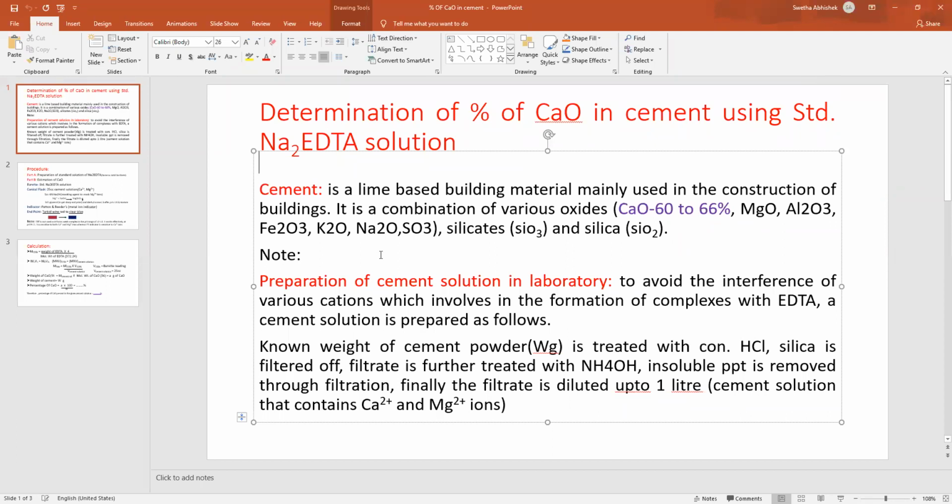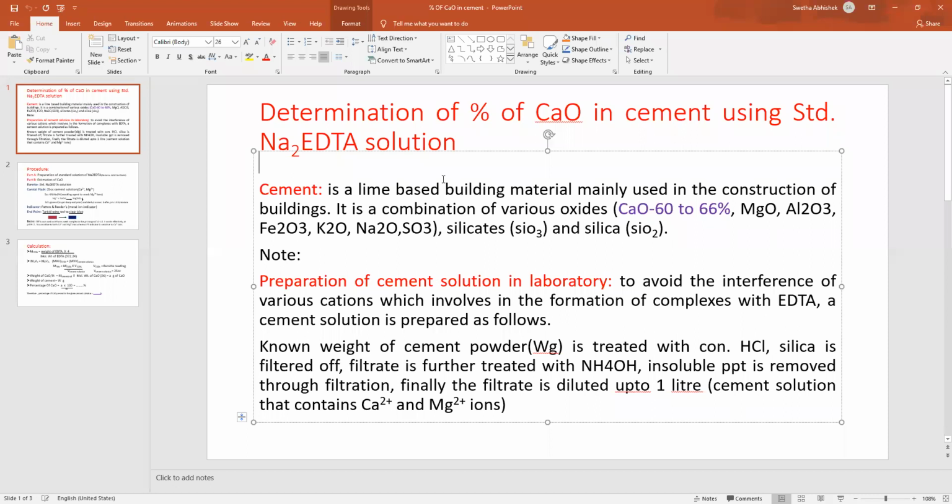So, preparation of cement solution in the laboratory. This part of the procedure is not actually there for you, but you must know it, because in this preparation part, some of the constituents are removed so that you can estimate only calcium oxide.